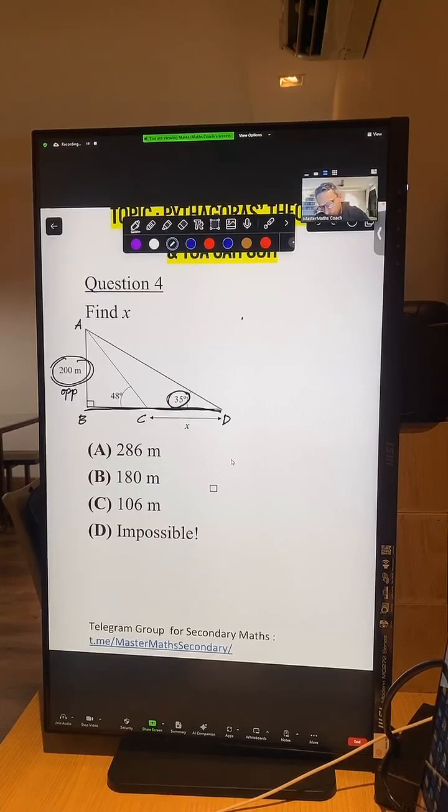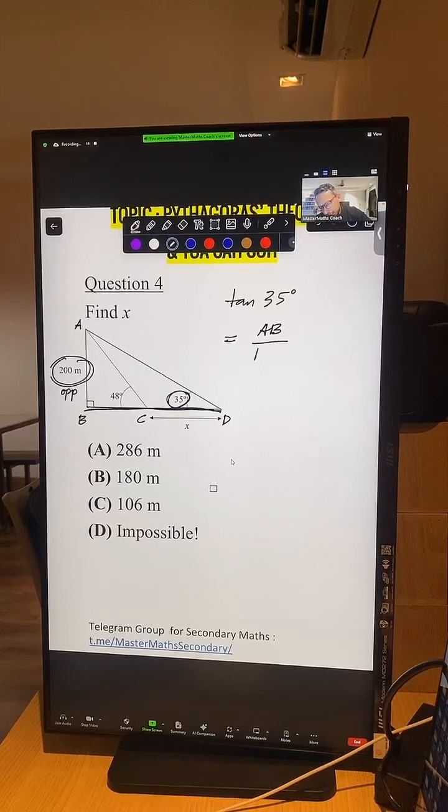Okay, so we are going to use opposite. We have opposite, we have adjacent. We're going to use tangent. Tangent 35 degrees. So tangent 35 degrees equals to TOA, right? Opposite over adjacent. So opposite here is AB.